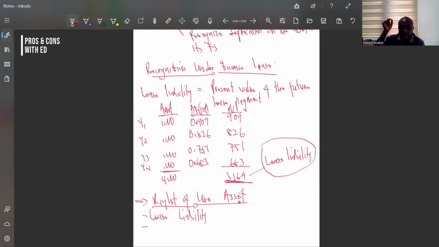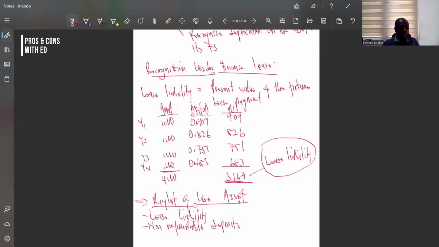So all non-refundable deposits that you've already made should also be part of the lease asset, the right of use asset. Non-refundable deposits.